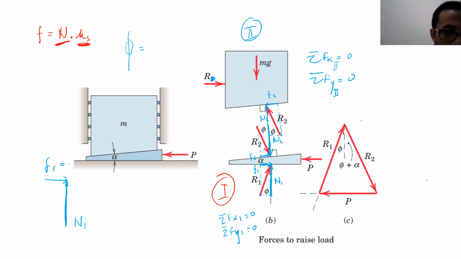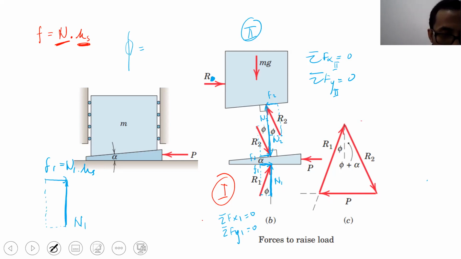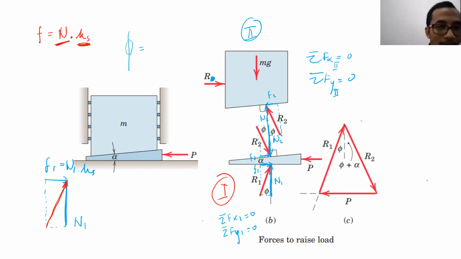And F1 here, the value is supposed to be the same as N1 multiplied by mu s, right? And then if you sum both together, what you will get is R1. Sir, so the angle will only be affected by the factor of mu s? Yes, correct.